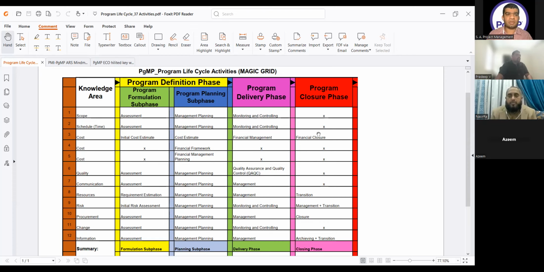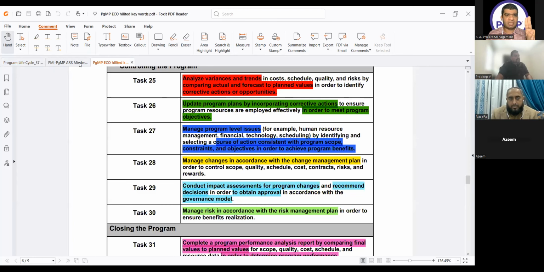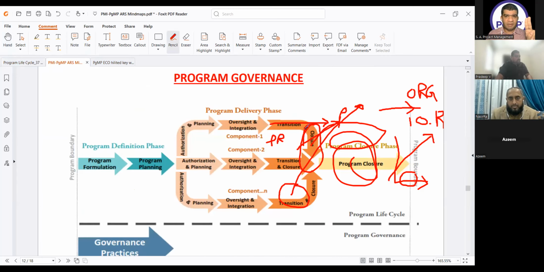Yes. In any closure phase, whether it is for the component or at the program level, you have to look only into these 5 activities: financial closure and procurement closure. Only these, whether at the component closure area or the program closure area. Only 5 activities will be done. And in the transitions, you will be doing risk transition, information transition, and resource transition.